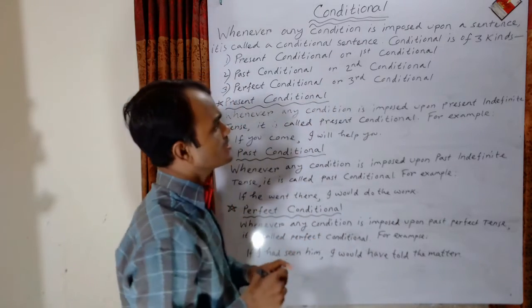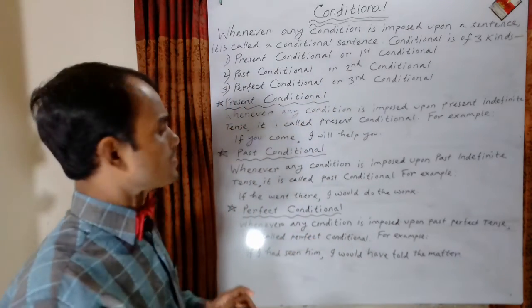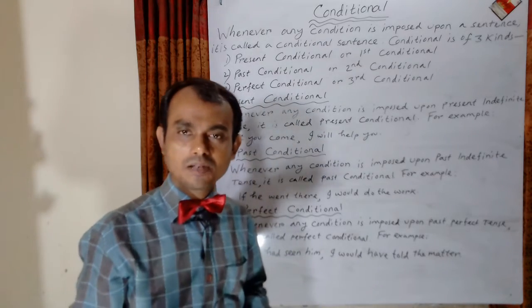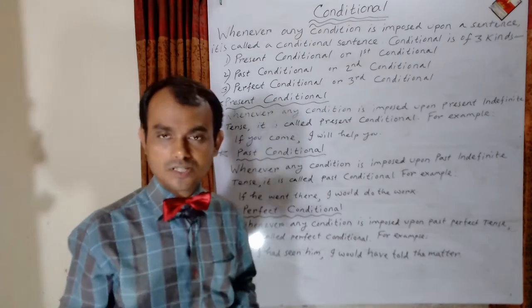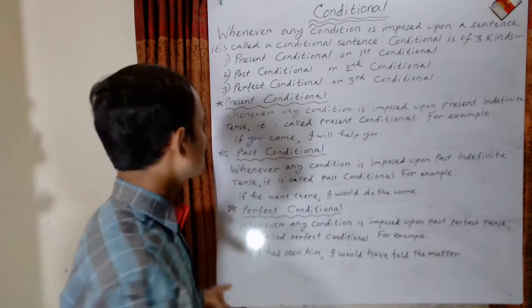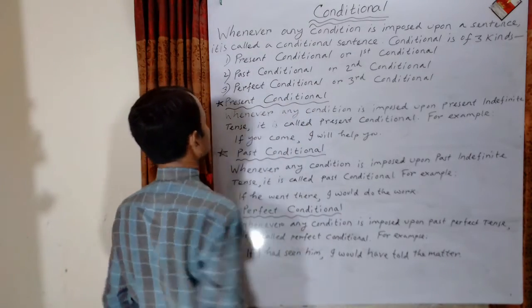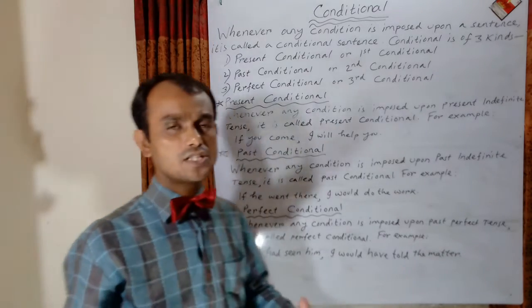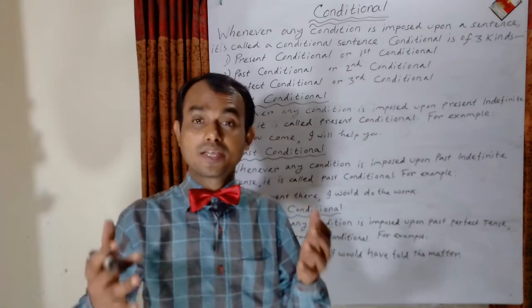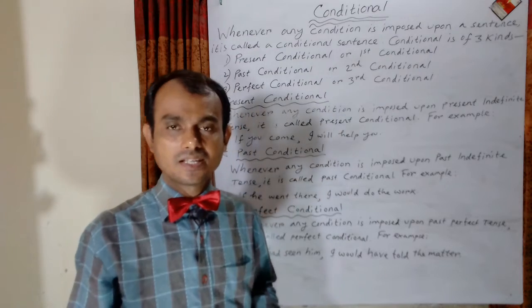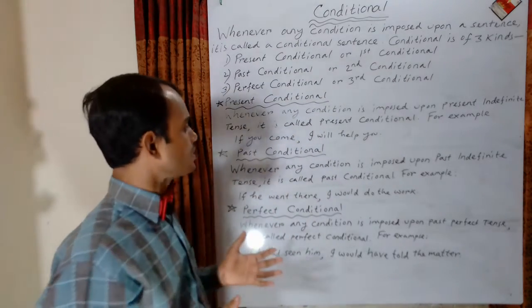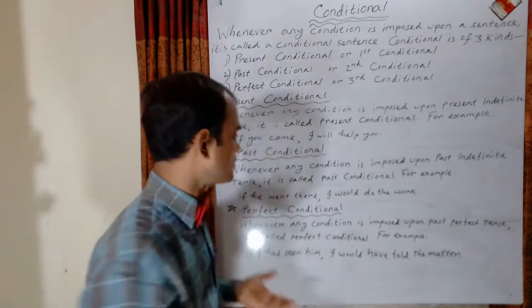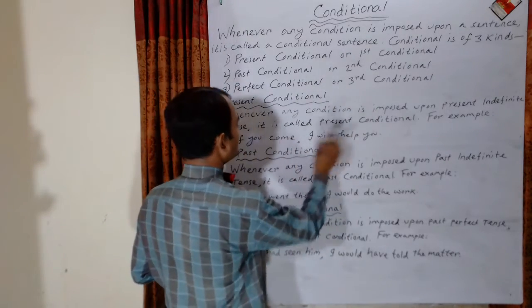Conditional is of three kinds: present conditional, past conditional, perfect conditional. Its other names are first conditional, second conditional, third conditional. First, present conditional. Whenever any condition is imposed upon present indefinite tense, it is called present conditional. For example, if you come, I will help you.